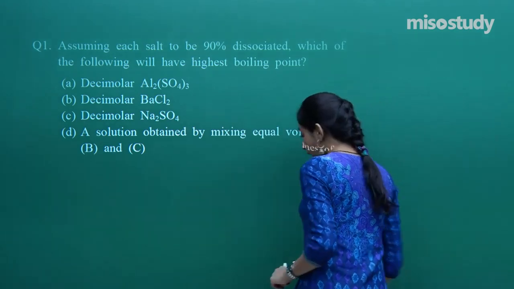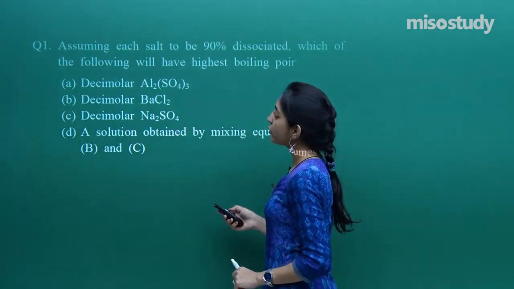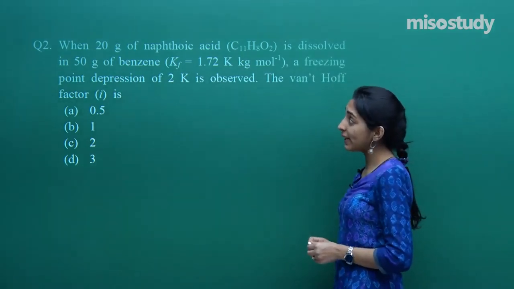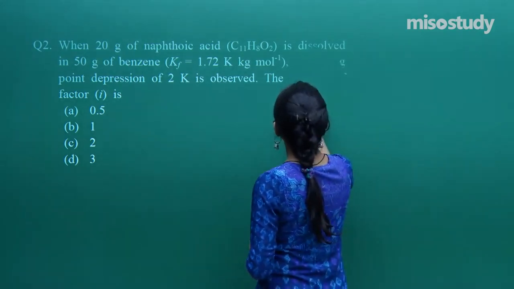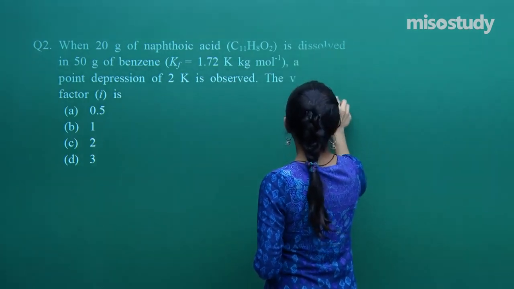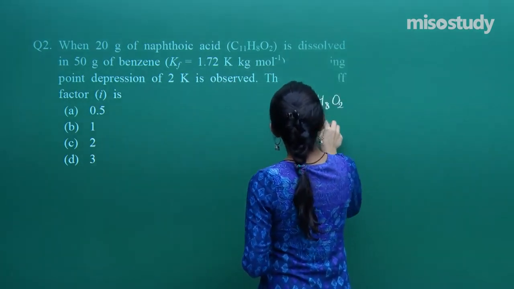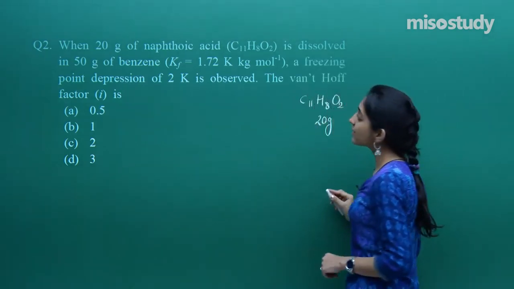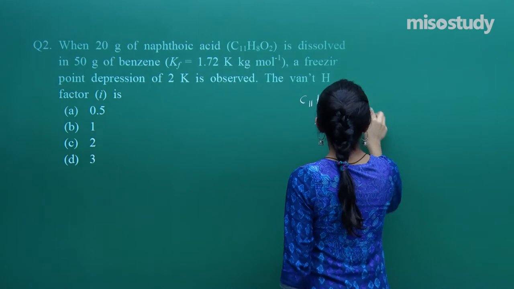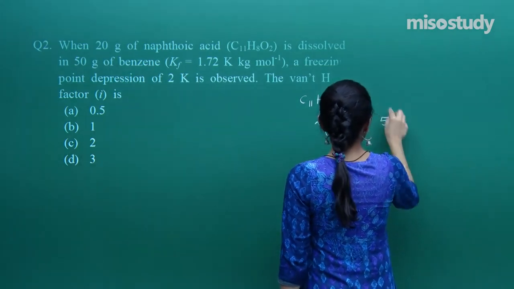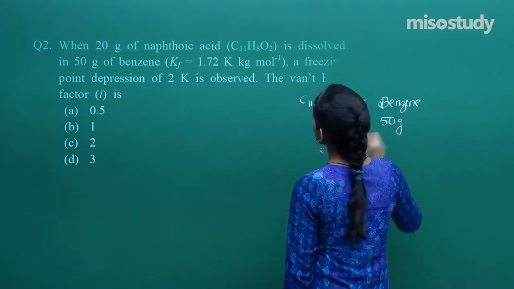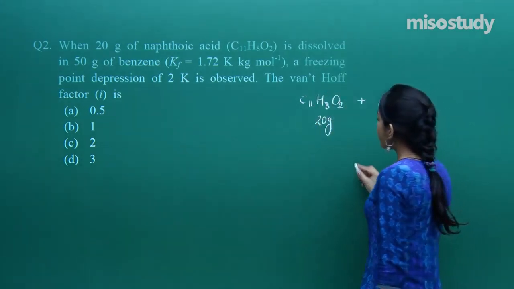Okay. So now moving on to question number 2, it says that when 20 grams of naphthoic acid, which is C11H8O2, is dissolved in 50 grams of benzene, the Kf is given to me.